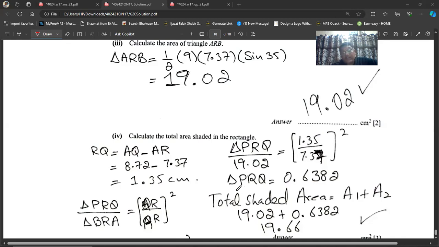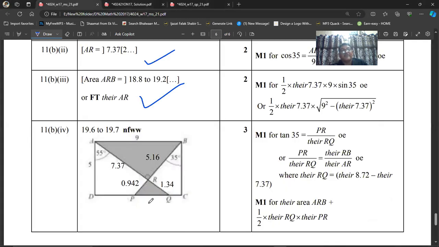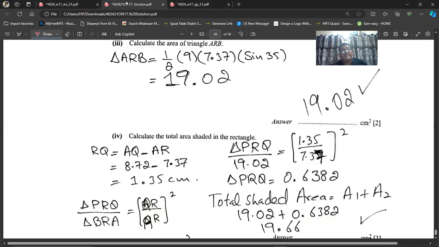So the area of the triangle PRQ will be equal to 0.6382. So the total shaded area will be area 1 plus area 2. So that will be 19.02 plus 0.638. So it will be 19.66. 19.66 is the right answer, sir.